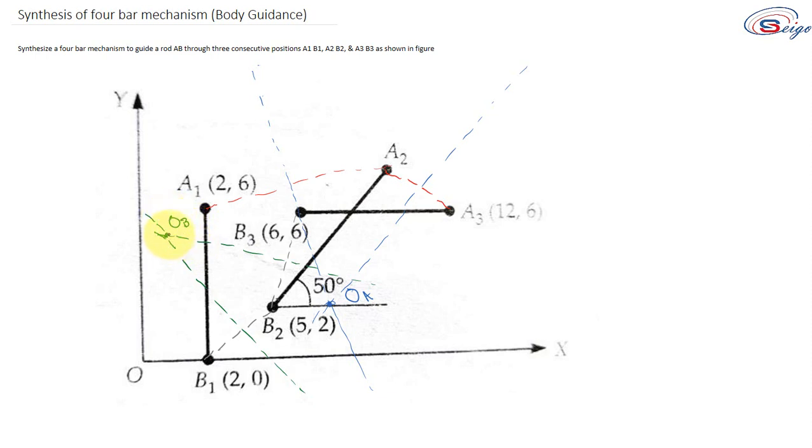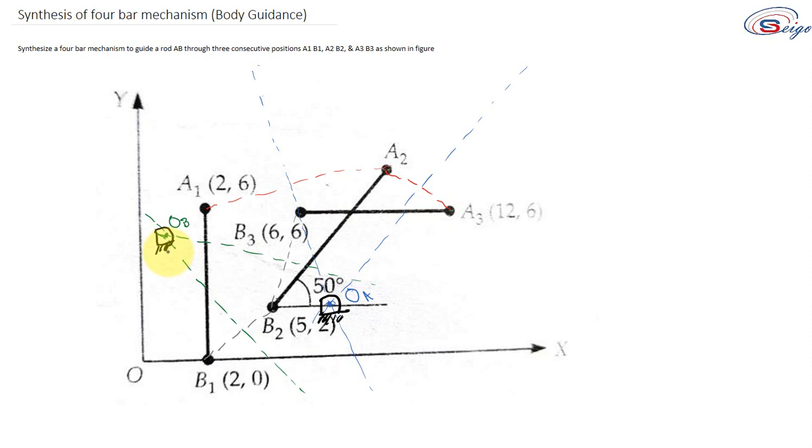This OA and OB are the 2 fixed points. So this is one fixed point and this is another fixed point.